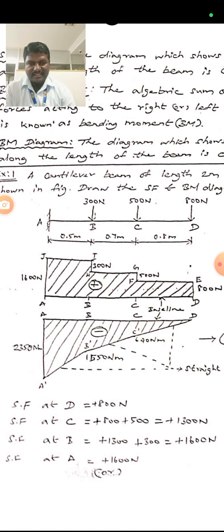For the right side shear force calculation, upward is negative and downward is positive.